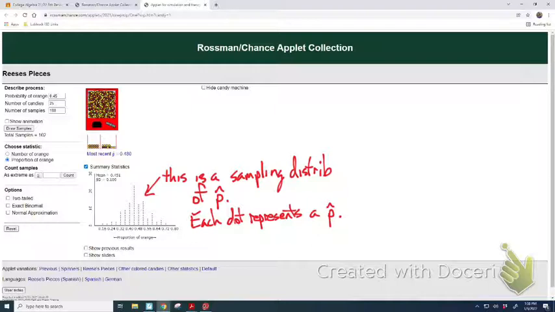Because if you look top left, we did this 100 times. Took 25 candies, got p hat. Took another 25 candies, got another p hat. So every dot resembles a sample. So this collection of dots is called a sampling distribution. Hopefully that makes sense.